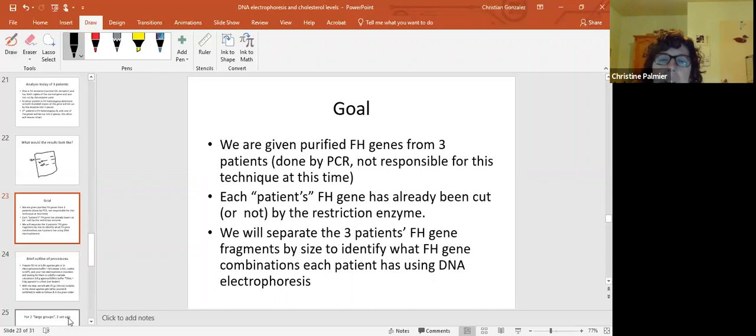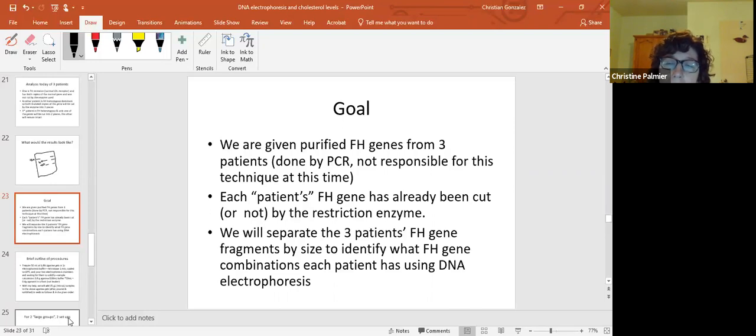The goal is we are given purified FH genes from 3 patients. How were they able to localize only these genes? This was done by a technique called polymerase chain reaction, but you're not responsible for this technique. But that's a very good technique to only copy one gene and study only one gene. Each patient's FH gene has already been cut by the restriction enzyme if it has that restriction site.